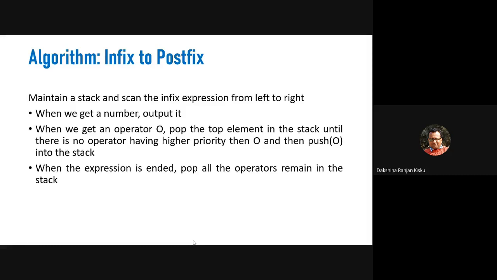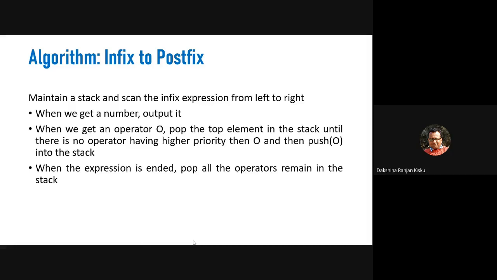So here is the algorithm. We will maintain a stack and scan the infix expression from left to right. When we get a number, we output it, and when we get an operator O, we pop the top element in the stack until there is no operator having higher priority than operator O, and we push operator O into the stack.